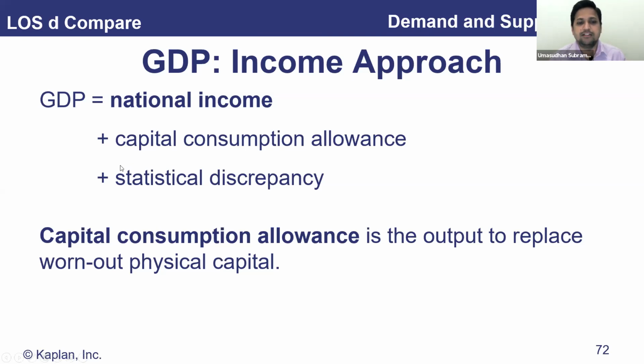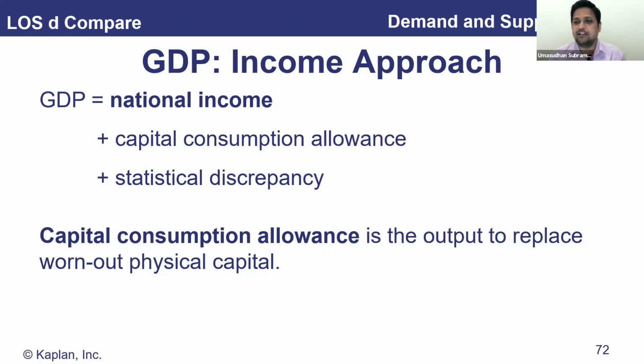And then, this is very important, statistical discrepancy. When you are calculating your GDP based on the expenditure approach, it might not be equal to your GDP under the income approach, and there could be some differences here and there due to the errors incurred in calculating GDP under both approaches.